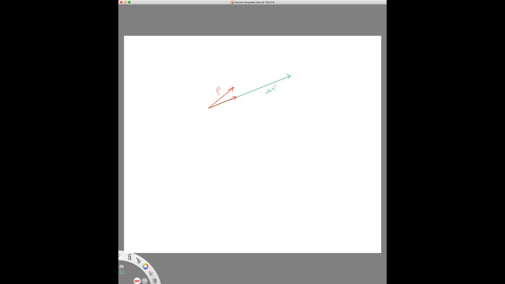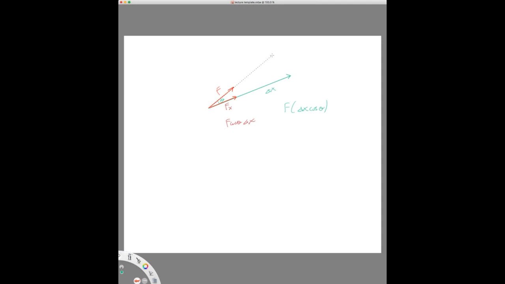This is my delta x, and there's an angle here. What we got was the x component of the force times delta x, which would be F cosine of theta times delta x. But we could also think of this as F times delta x cosine of theta. From an algebra standpoint, these are identical, but from a philosophical standpoint, what is it?